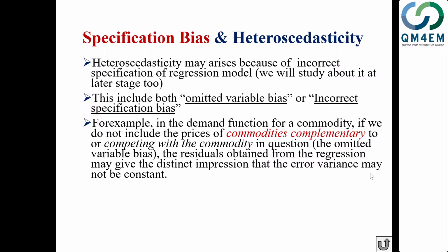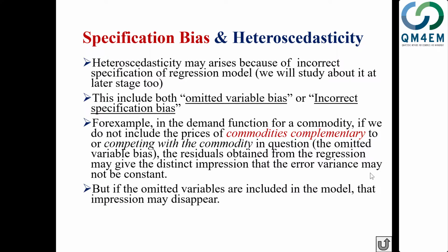The prices of these commodities are also important, because the demand for a particular good will be linked with the commodities that are either substitutes or complements. Excluding these kinds of variables from your model will introduce heteroscedasticity in your regression. If we exclude these variables, it will cause heteroscedasticity, but if we include them, it may disappear. So that's one reason for heteroscedasticity.